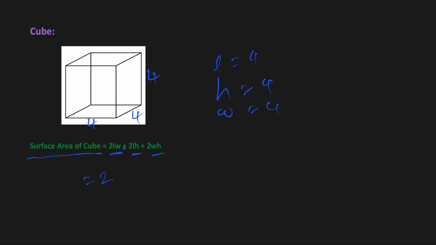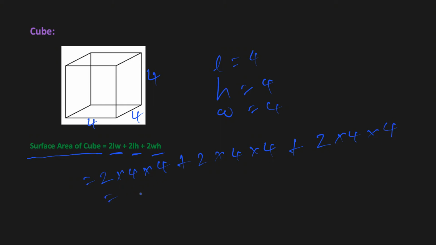So if we put in the values for length, width, and height, we get 2 times 4 times 4 plus 2 times 4 times 4 plus 2 times 4 times 4.